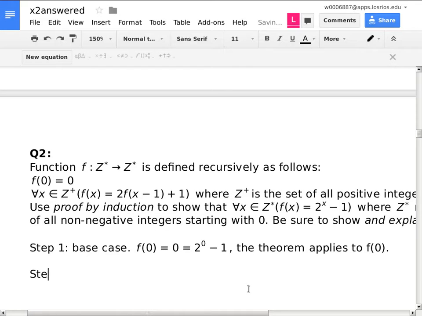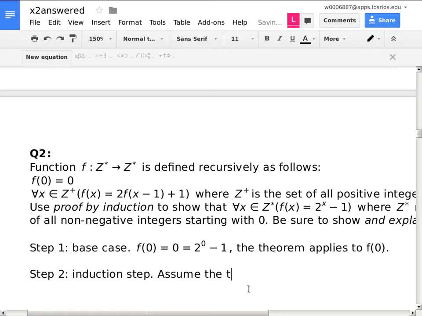Step 2 is the induction step. The induction step basically says, let's assume the theorem works all the way up to a particular number k, and using that assumption, how can we prove that it also works for k plus 1? So let me just spell out all these terms.